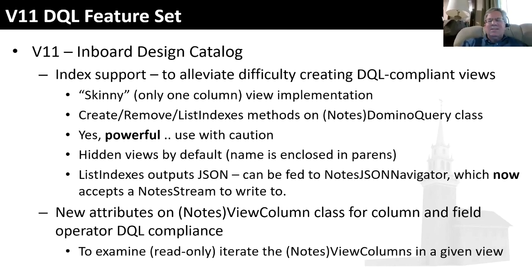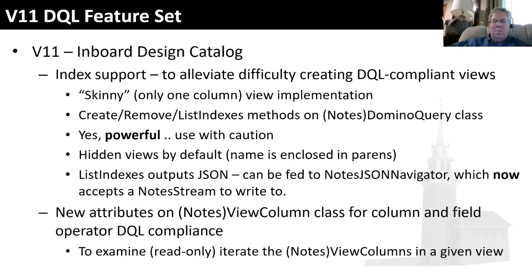So we said, well, that's way too hard. Let's stop that. What we did was create indexes. Now, indexes are views. They're views that get created as part of the process, but they're skinny. What do I mean by skinny? I mean that they have a single column.